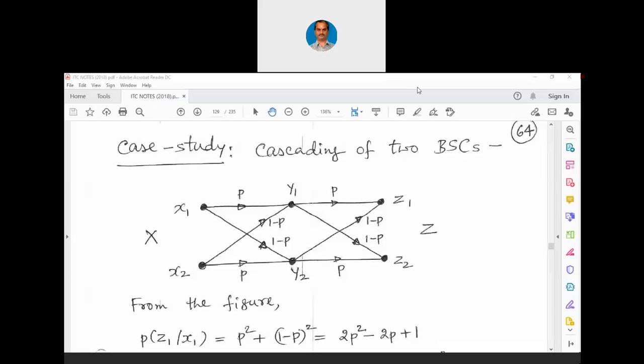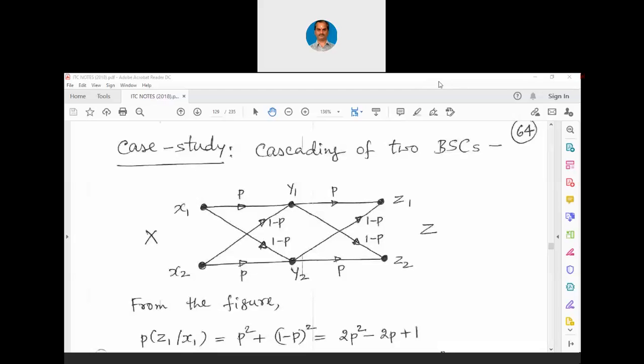Kuldeep has given the answer, P of z2/x2 equals 2p square minus 2p plus 1. Yes, you will get that way. You will get the same answer as P of z1/x1. Why? Because it is a binary symmetric channel. So P of z1/x1 is 2p square minus 2p plus 1. Similarly, P of z2/x2 is also 2p square minus 2p plus 1.